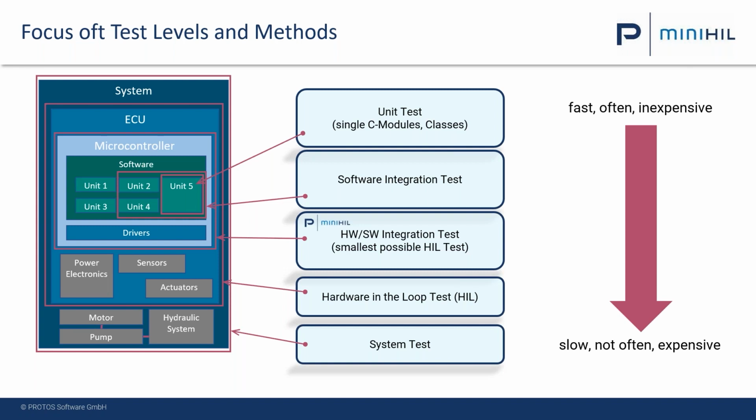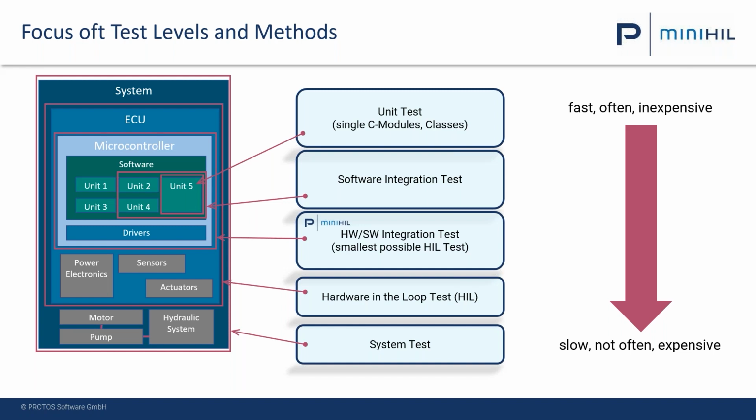Let's have a look at the frequency and so on. The unit test is the fastest thing you can do, so you can do it every time you change something, and it's really inexpensive. A unit test is usually much cheaper than a hardware in the loop test, so you can run it fast, often, and cheap.